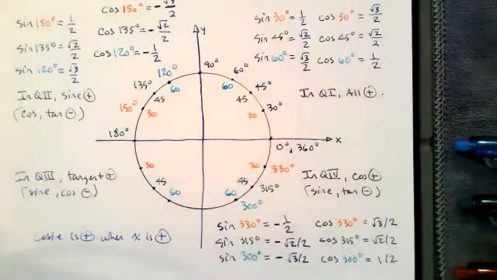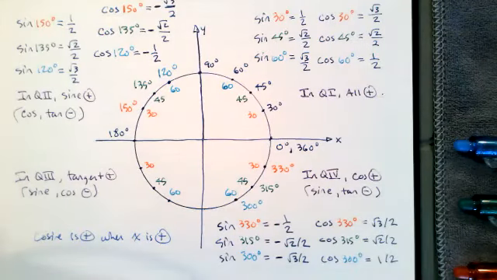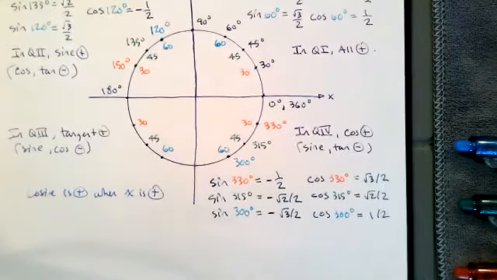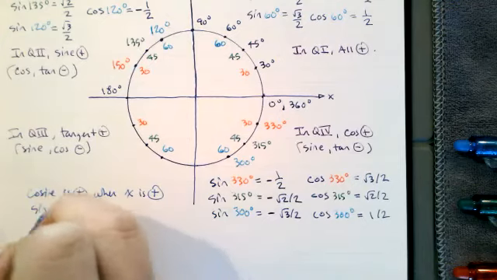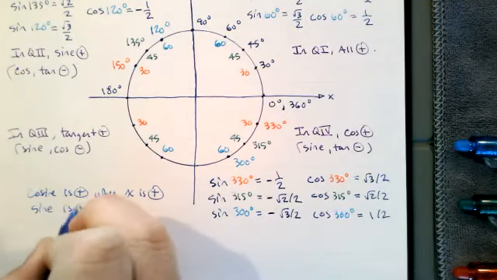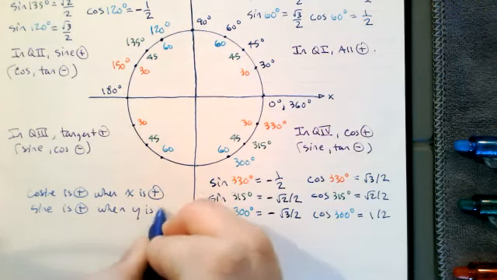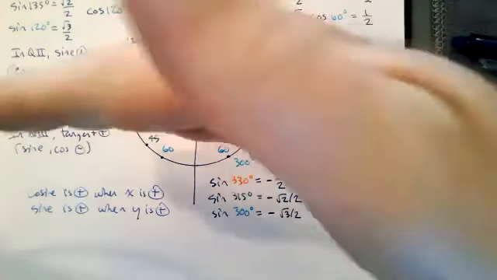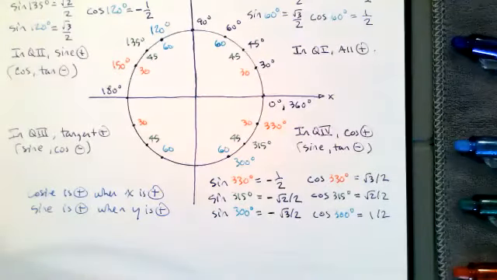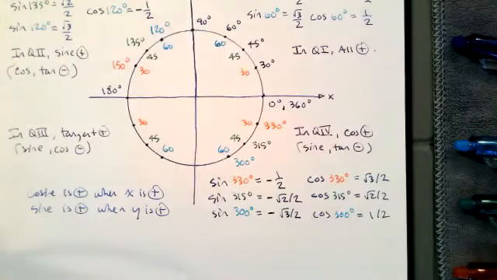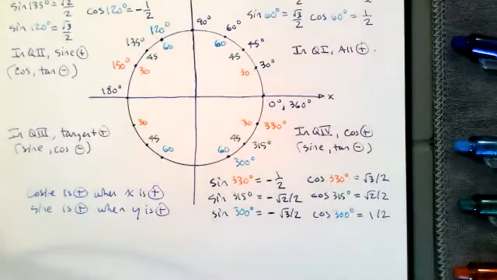So that's quadrants 1 and 4. Sine is positive when y is positive, 1 and 2. Cosine is positive when x is positive. Sine is positive when y is positive.